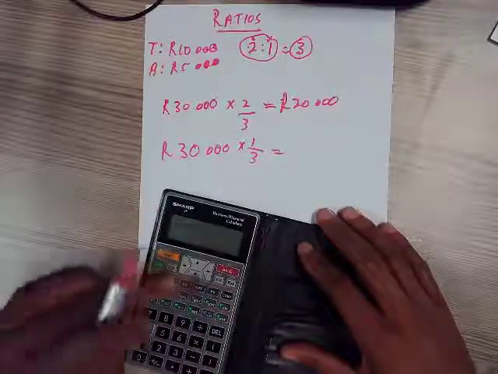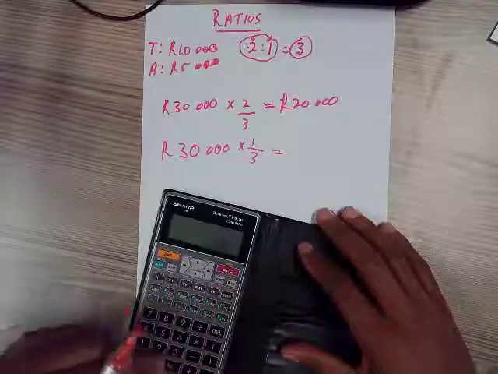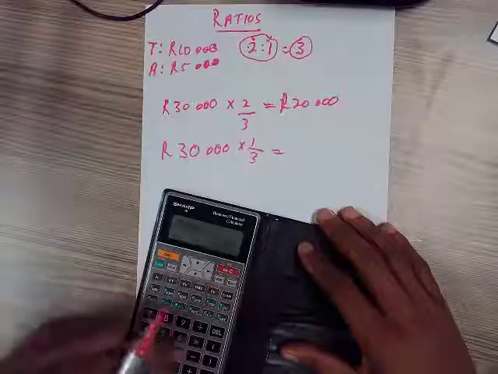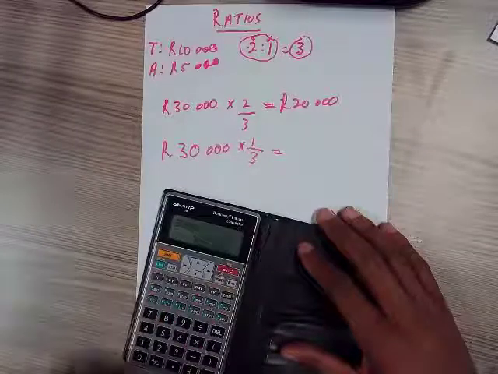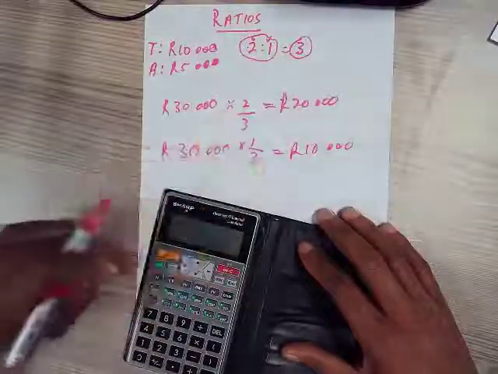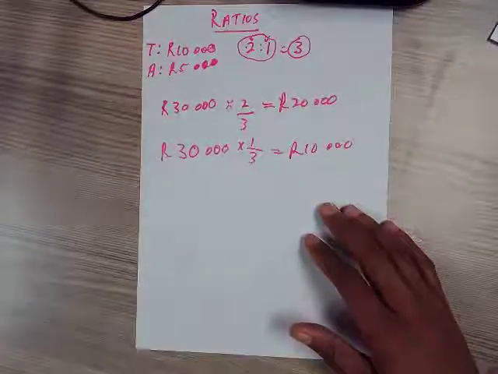Sorry, something is wrong there. 30,000 times 1/3, there, that is 10,000. Okay, so that's how you do it.